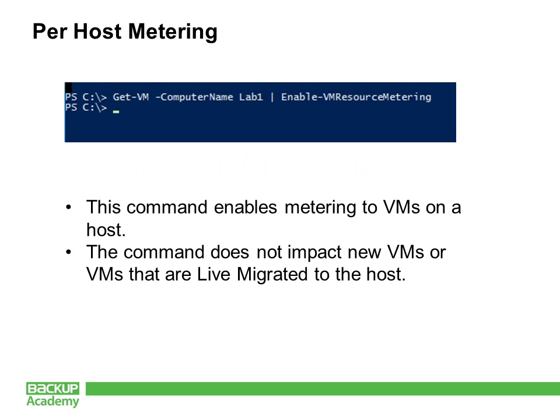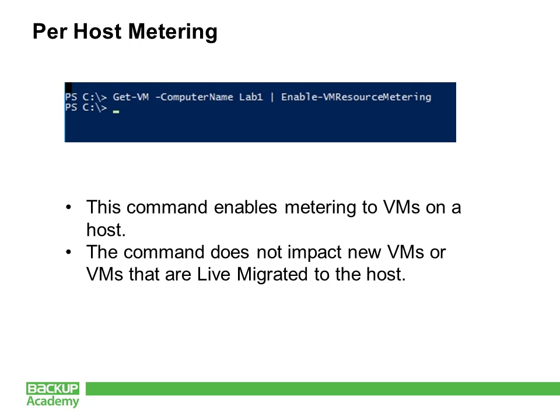So what we've got here is our first block of PowerShell code, and here we're enabling resource metering at the host level. So you'll see the commandlet on the screen says get-vm, and then we've got the computer name parameter, a computer name, the pipe symbol, and then another commandlet, enable-vmresourcemetering. Let me explain how this works a little bit.